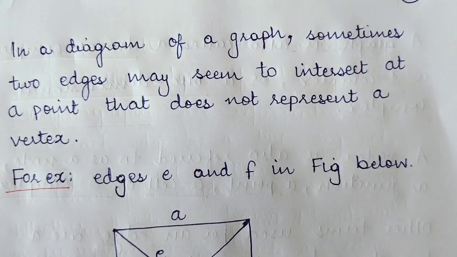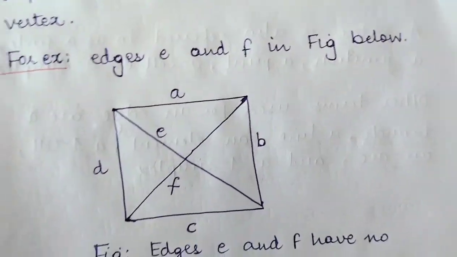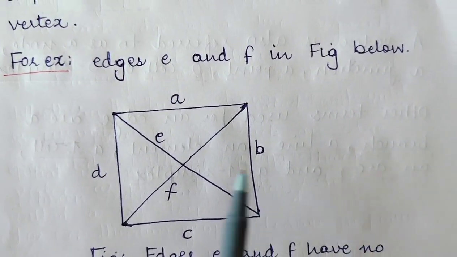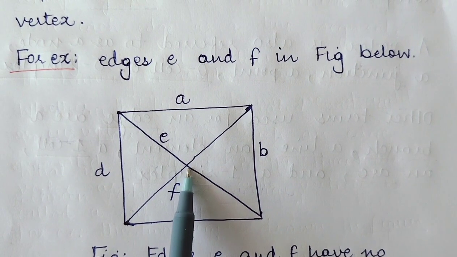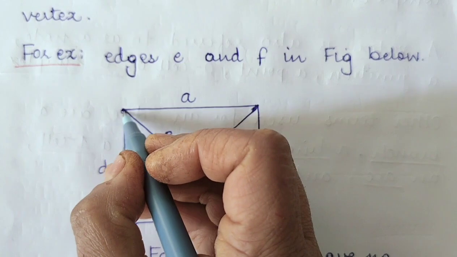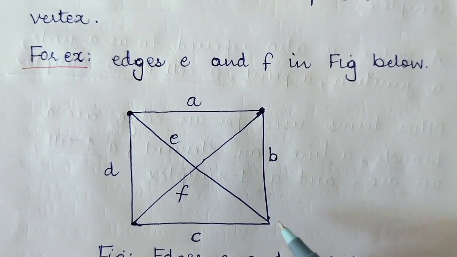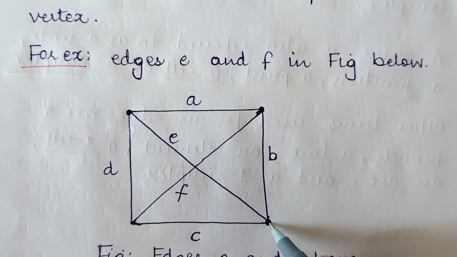In a diagram of a graph, sometimes two edges may seem to intersect at a point that does not represent a vertex. For example, consider this particular graph. Here two edges are intersecting at this point. This point is not a vertex. The vertices are represented as points, and these points represent the vertices of the graph.